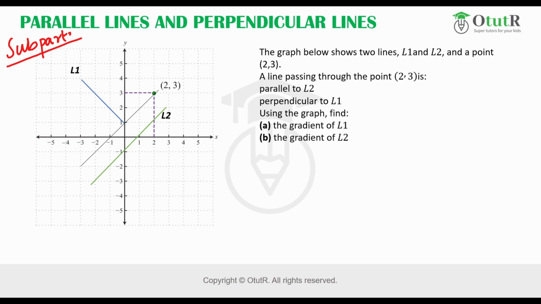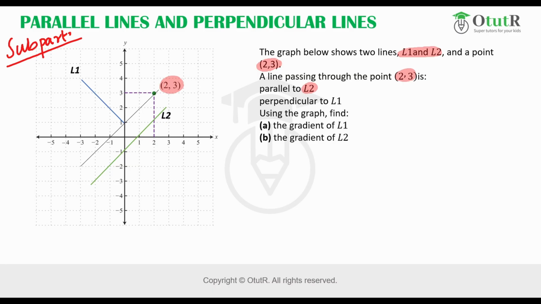The question says the graph below shows two lines L1 and L2, and there is a point 2 comma 3. A line passes through the point 2 comma 3 and is parallel to L2. So this line that is passing through 2 comma 3 is parallel to L2, the line that is named L2. So L2 is this green line.